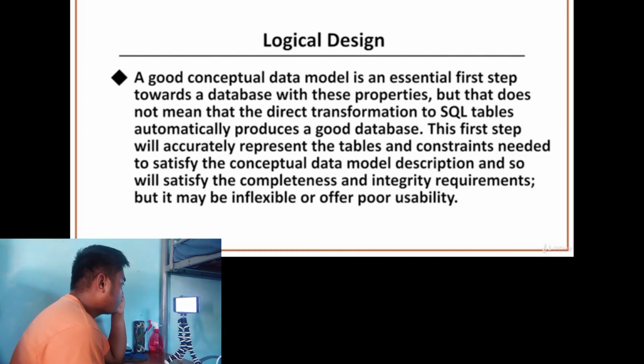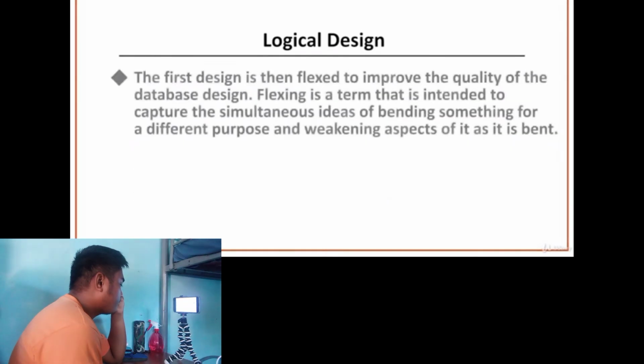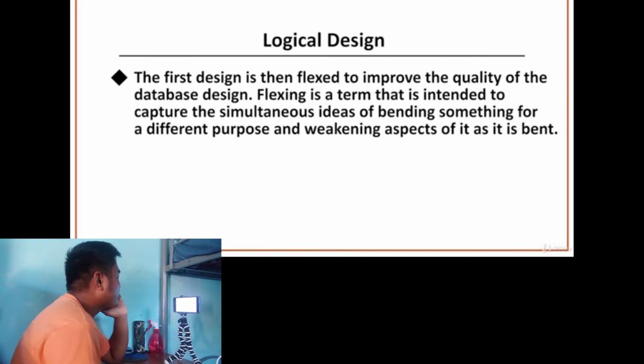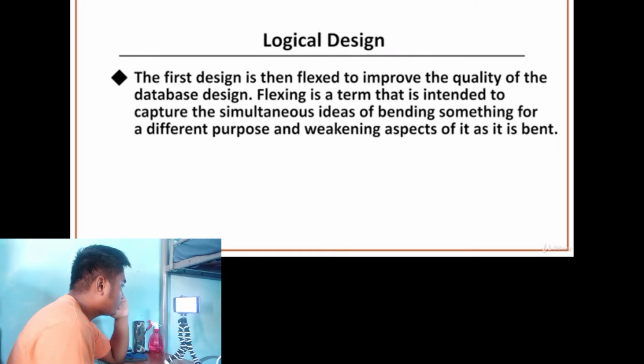But it may be inflexible or offer poor usability. The first design is then flexed to improve the quality of the database design. Flexing is a term that is intended to capture the simultaneous ideas of bending something for a different purpose and weakening aspects of it as it is bent.